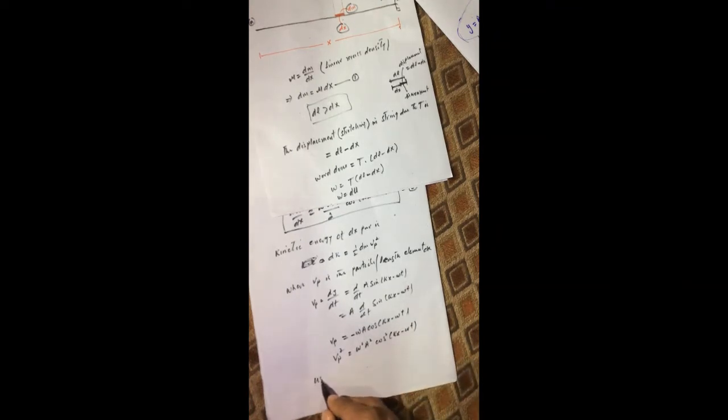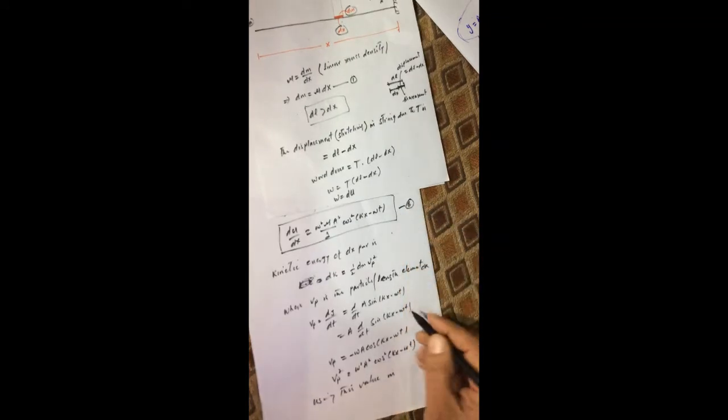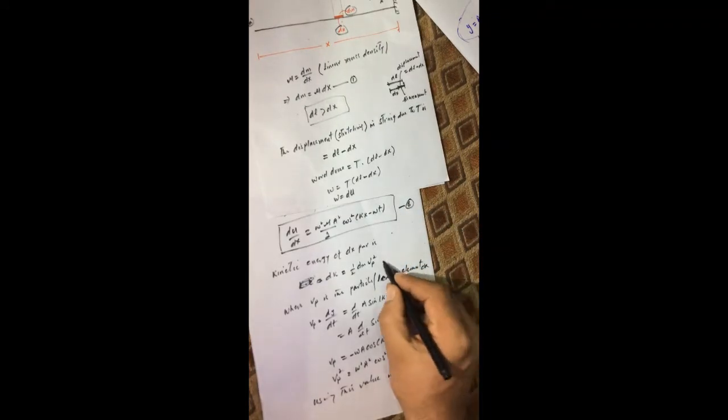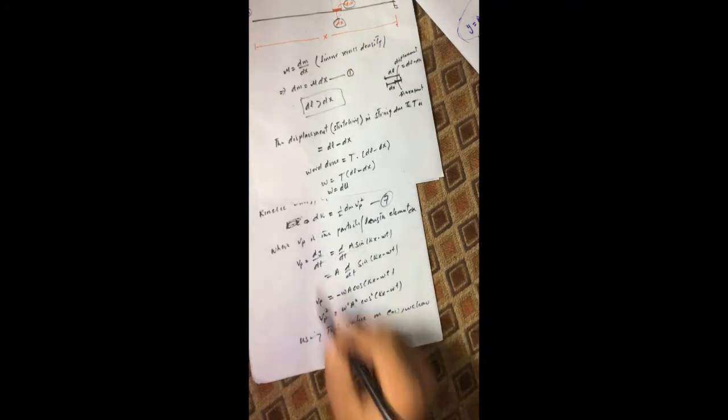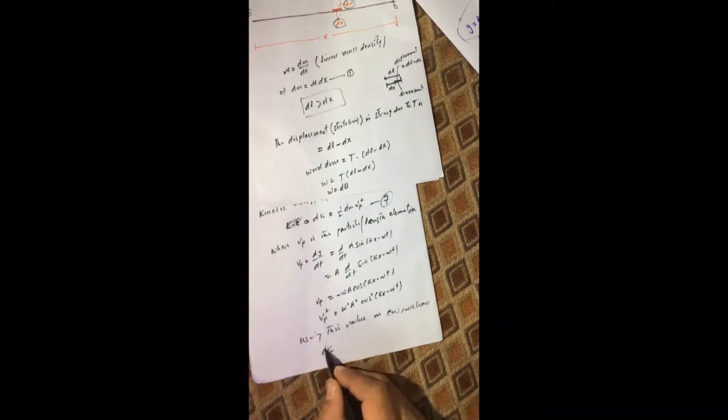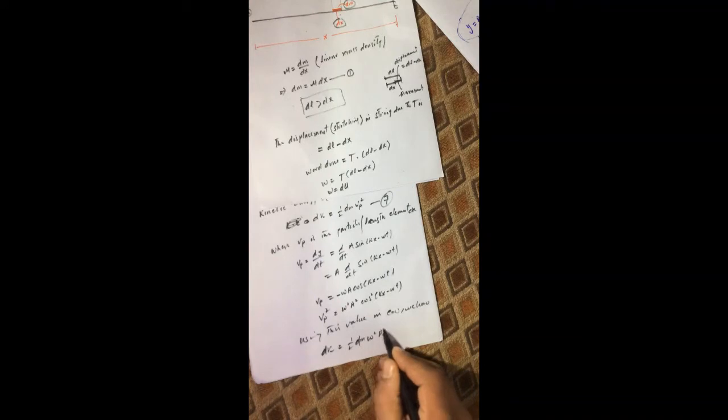So using this value in equation, this is equation 6, so I call it equation 7. In equation 7 we have dk, which is equal to 1/2 dm, and then we have omega square a square cos square kx minus omega t.